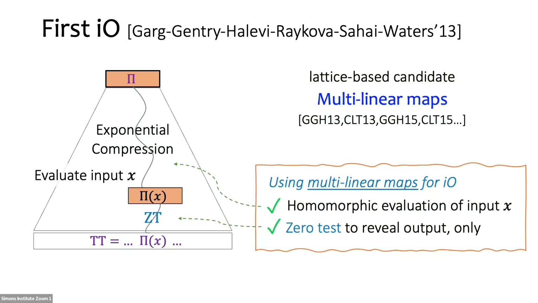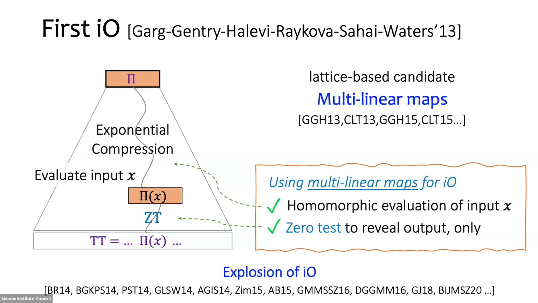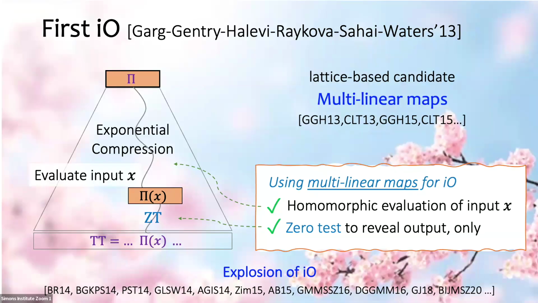But now it can actually support higher polynomial degree homomorphic evaluation on the encoded values, and hence support evaluation of arbitrary programs. Soon after this first candidate construction, there came an explosion of IO constructions based on many different proposed candidate multilinear maps. And it seemed back then that the long-awaited spring of Obfustopia had finally arrived.